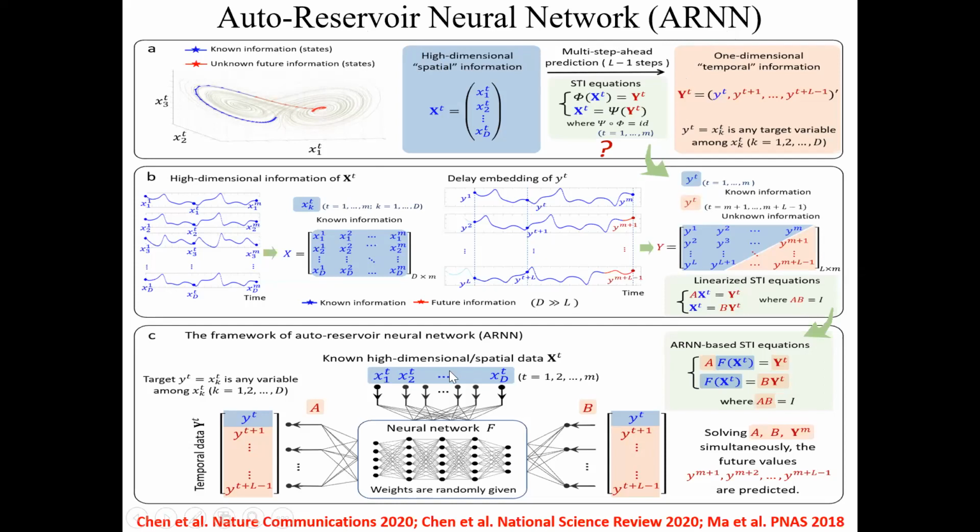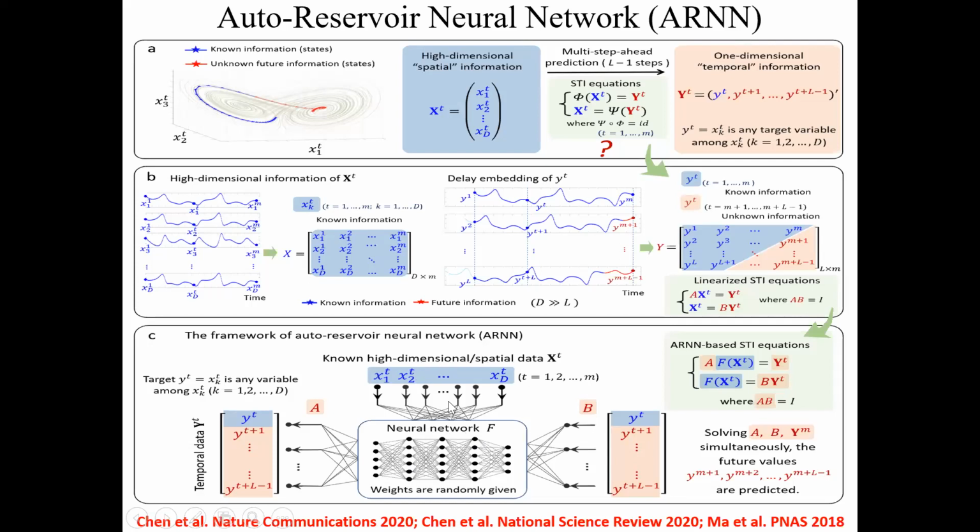The structure is this one. We have an input X, which is the gene expression. We have Y, which is the future, and some part is available. Then we have a neural network whose weighting is randomly given.